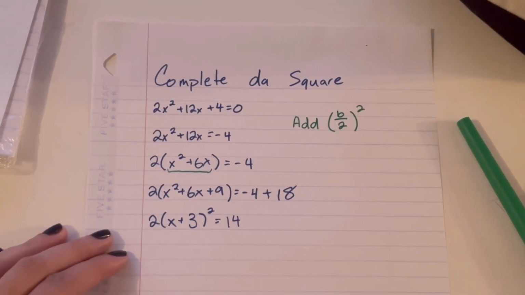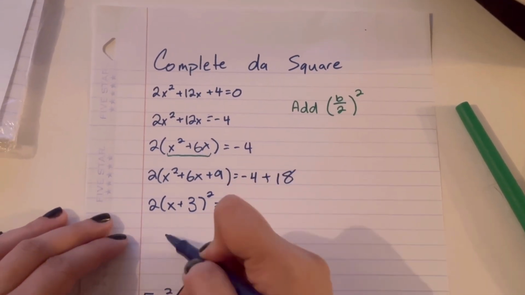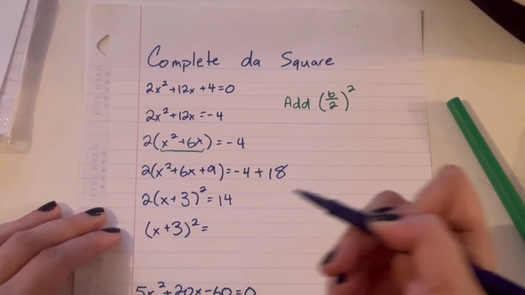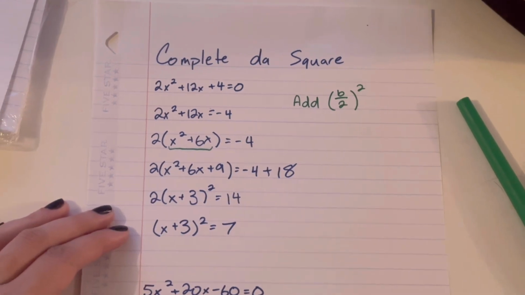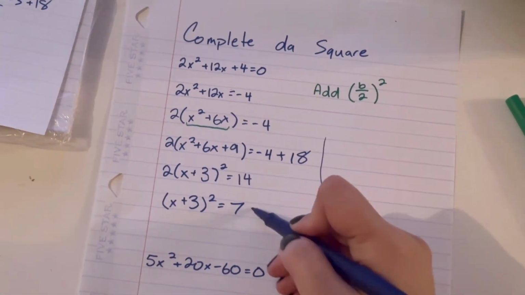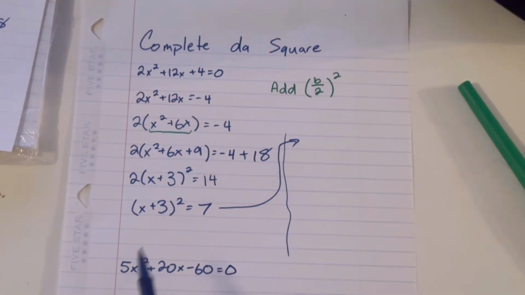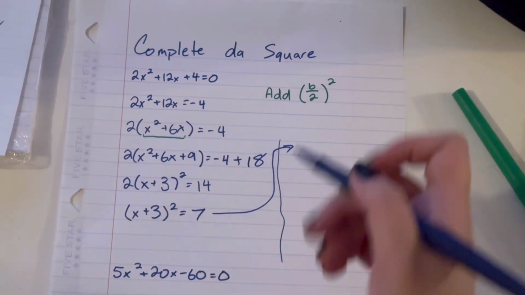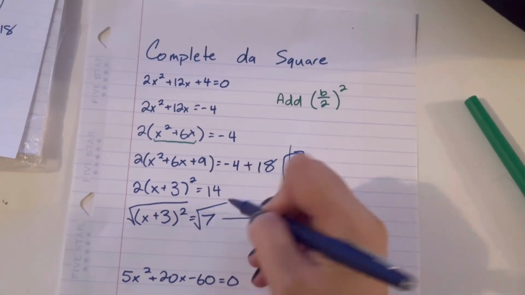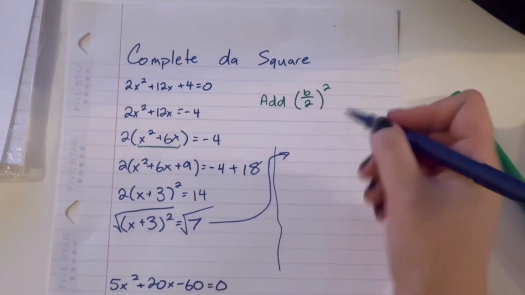And then we're just going to continue solving. So divide both sides by 2. X plus 3 squared equals 7. Okay, and then square root both sides. So we're going to rad both sides, and that takes off this exponent.